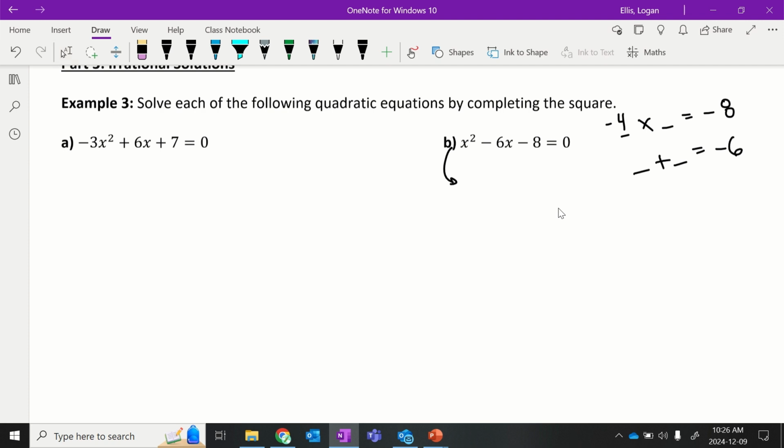But no, there's no way we can come up with two that work. 4 and 2 are what you want to use, but this would have to be -4 times -2, and that's not -8. So basically, it's not factorable.